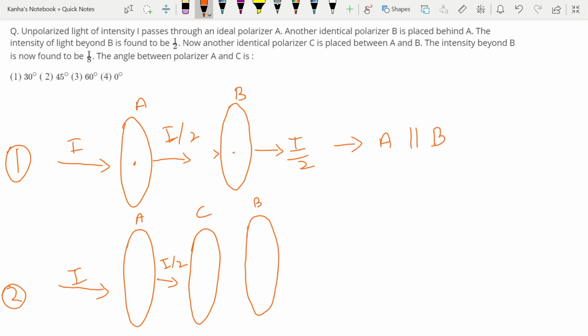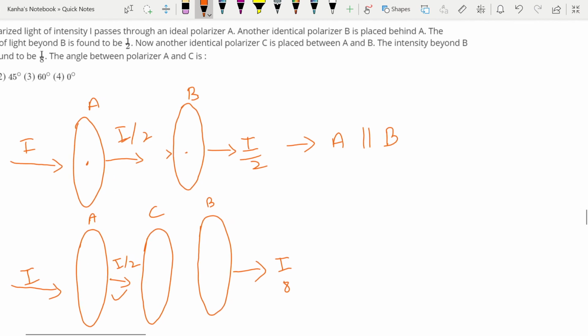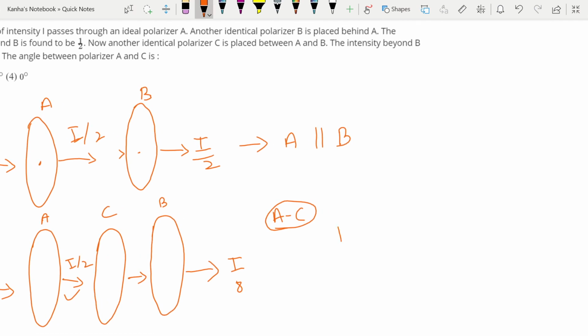So we already know that the value is I by 2 here. Now it's given that the value finally is equal to I by 8. Now if I need to find the value of intensity here, first of all, let's take the AC junction, or the action of the polarizer C when light is coming from A. So I emerging from C is equal to I entering into C. What is the intensity entering?